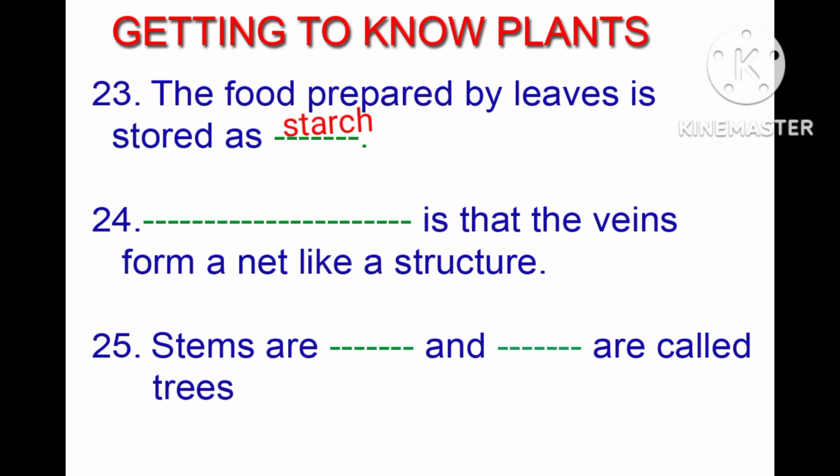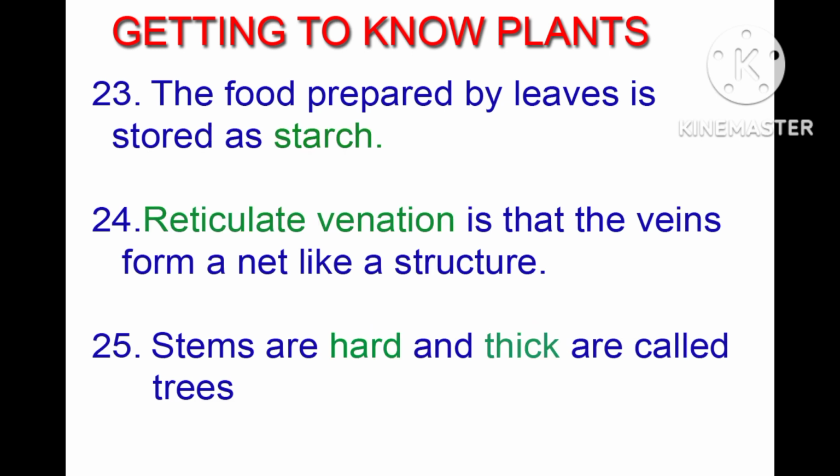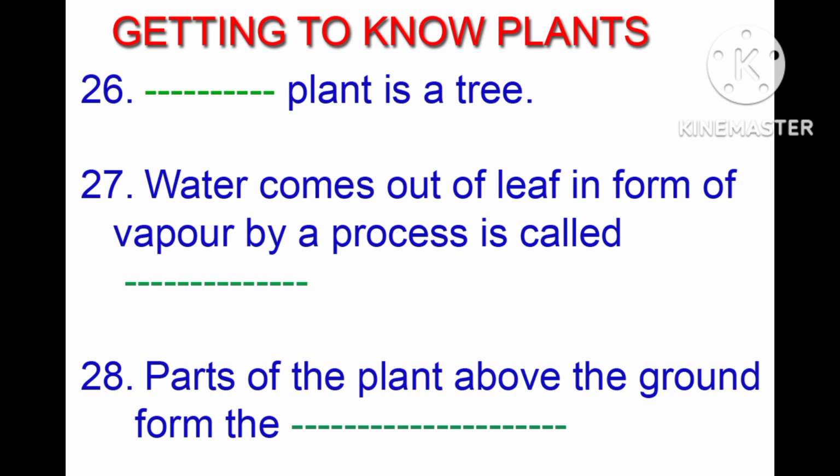Dash is that the veins form a net-like structure. Reticulate venation. 25th. Stems that are dash and dash are called trees. Hard and thick are the answers. 26th.